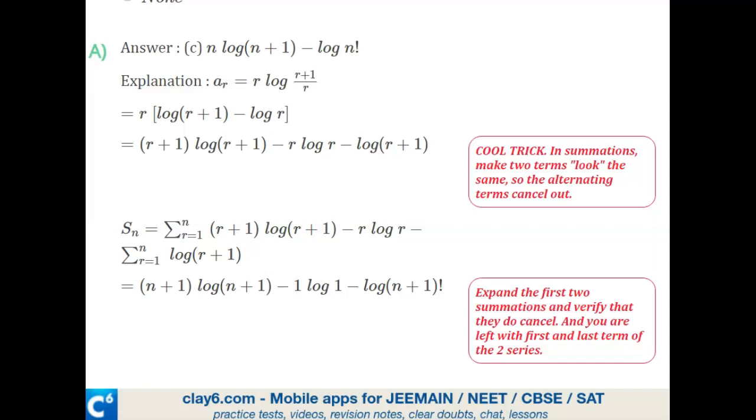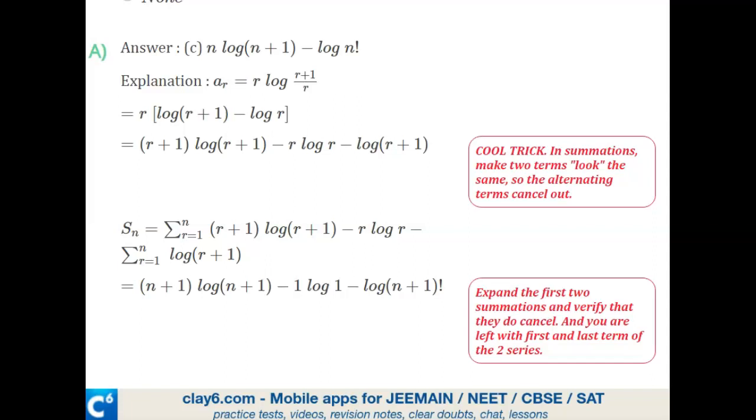So that stays. But then the next time, r equal to 2, you'll get 3 log 3 here, but minus 2 log 2. So the plus 2 log 2 and minus 2 log 2 get cancelled, and so on, till you reach n, where you end up with (n plus 1) log (n plus 1) minus n log n, but the minus n log n would get cancelled. So you'll end up with (n plus 1) log (n plus 1) from the first sum, and minus 1 log 1 from the second sum. The rest will get cancelled.